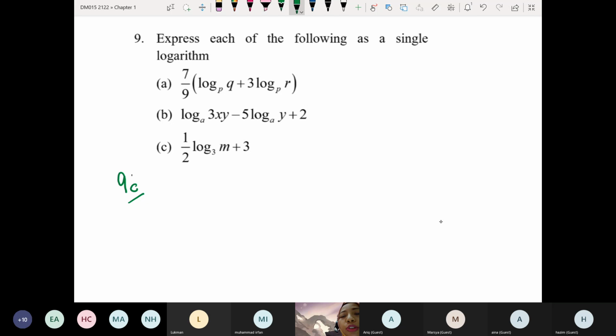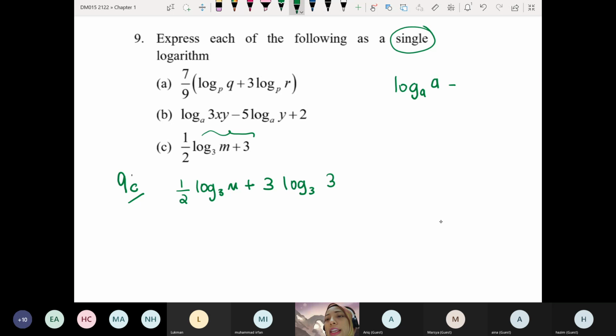Express each of the following as a single log. So this means everything must be combined into just one log. Okay, so the first step is you have to create an equivalent function so that the base is 3. So you can create log 3 base 3. Why? Because we know that log A base A equals 1.